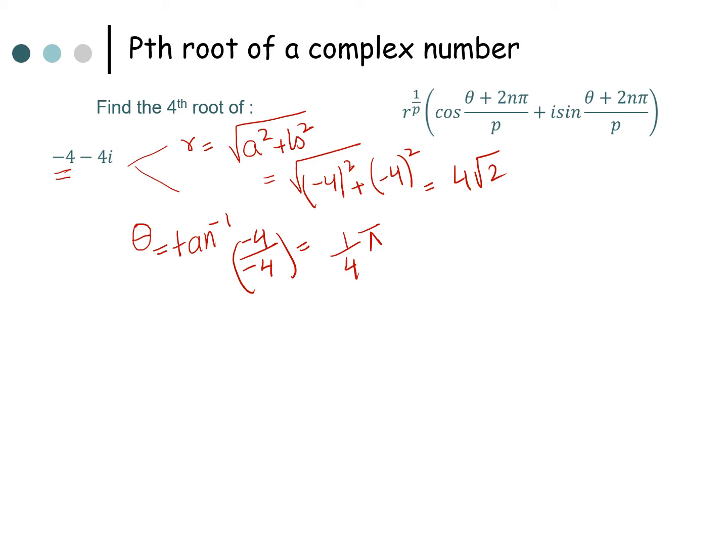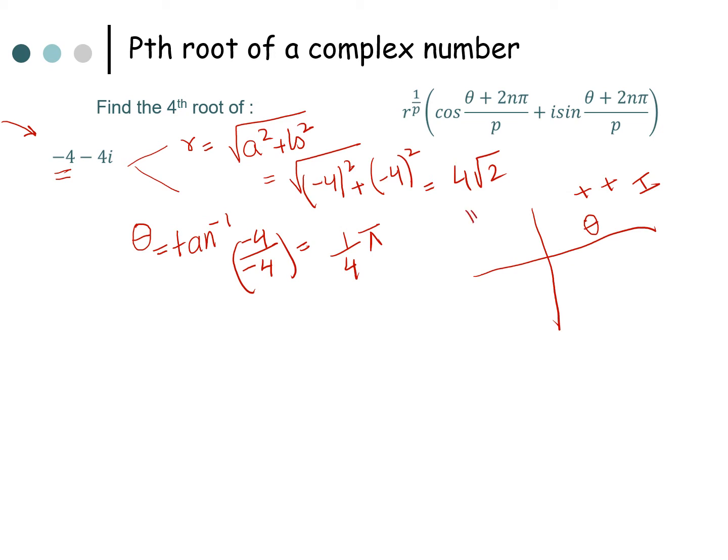For that reason, we should look at the question and find out in which quadrant the x and y values, or the a and b values, lie. One more time to revise: if x is positive and y is positive, they lie in the first quadrant, and in the first quadrant whatever argument you get is your required answer.